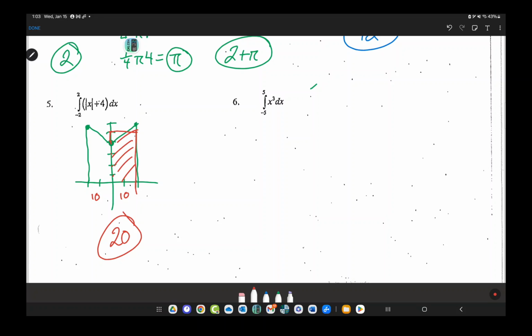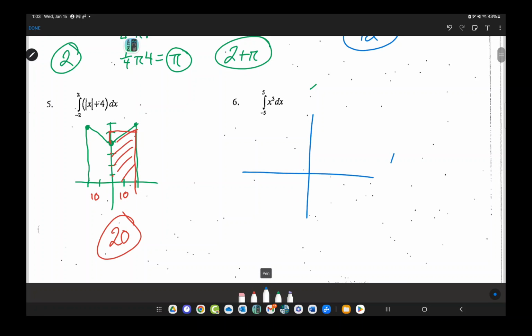What kind of function is number 6? Graphically, let's look at this. So we're going from -5 to 5.